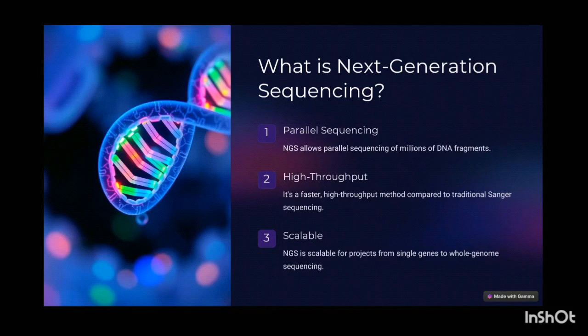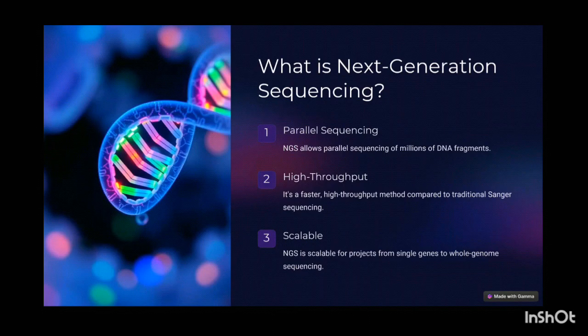Once she has the whole amount of DNA, she will give it to the NGS machine. That machine will take one day, maybe two to three days, and will give a large amount of data about the whole DNA sequence of the particular patient. The sequence will be in FASTA format, a very raw format, and we will clean and edit the sequence, and compare the normal sequence with the patient's sequence.